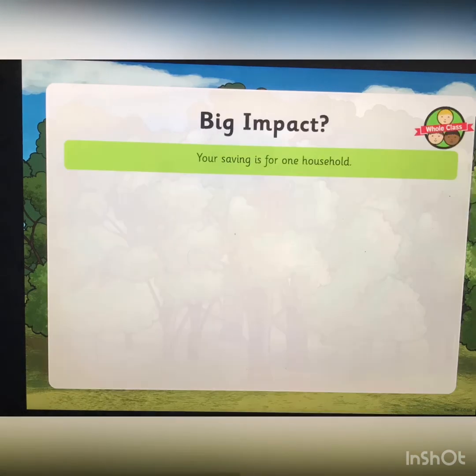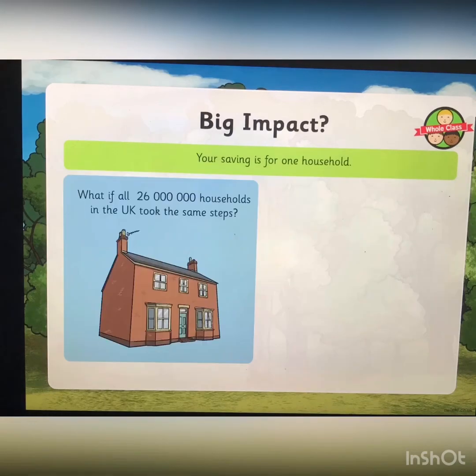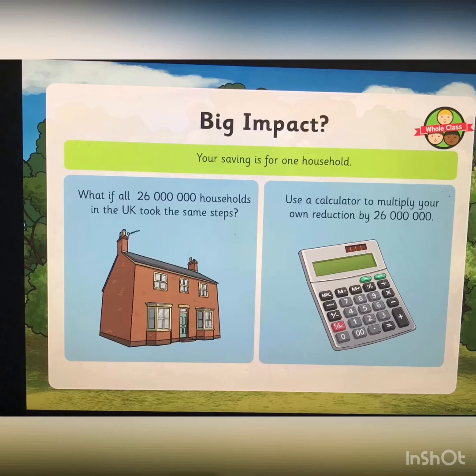So let's think about the big picture. What kind of big impacts can we make if all households make the same change? Let's imagine we're living in the UK and all 26 million households make the same small change. If we multiply that small change by 26 million households, that ends up being a pretty big impact.